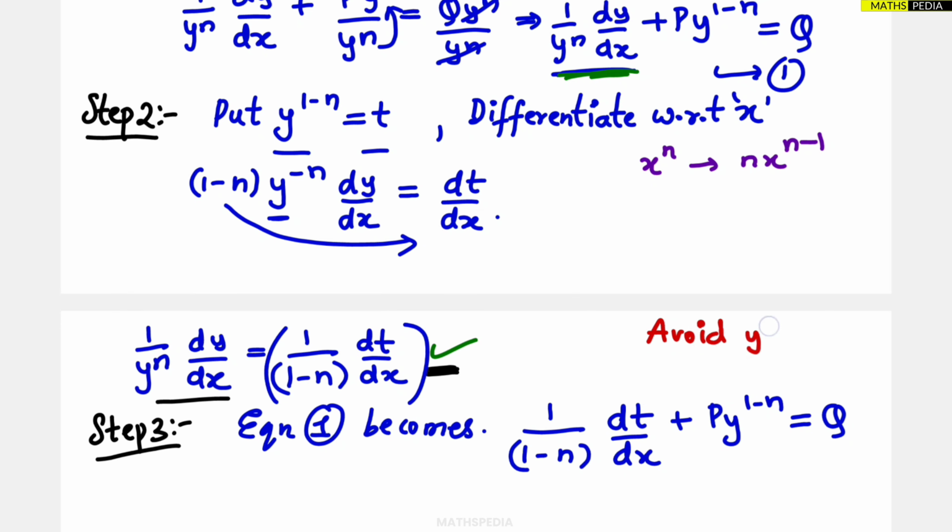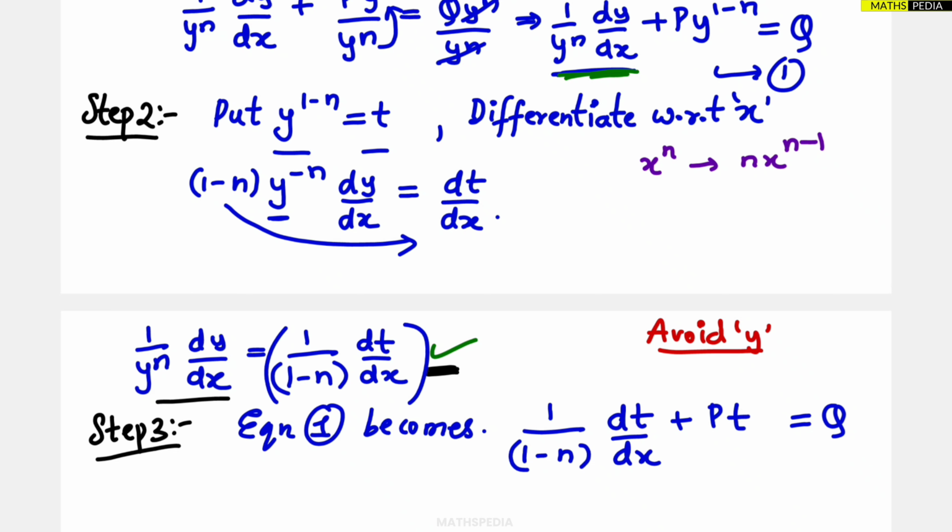So how to avoid the y variable? See here, y power 1 minus n is there. Can I substitute it as t? Yes, you can substitute, because you have already said to put y power 1 minus n as t. So I am going to eliminate this y variable and put it directly as t.